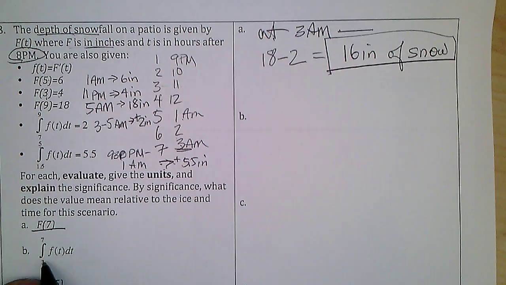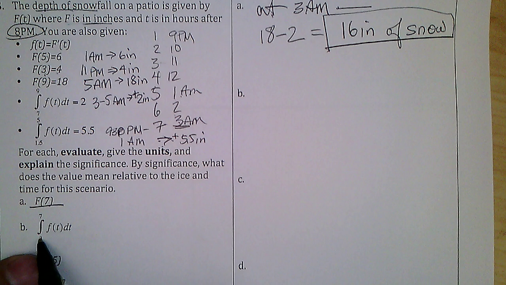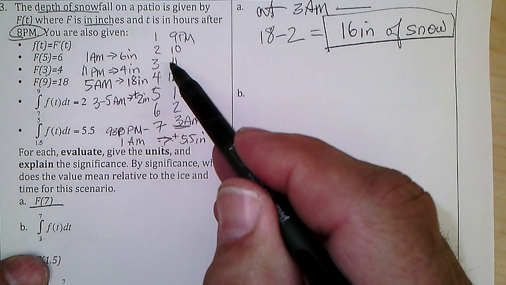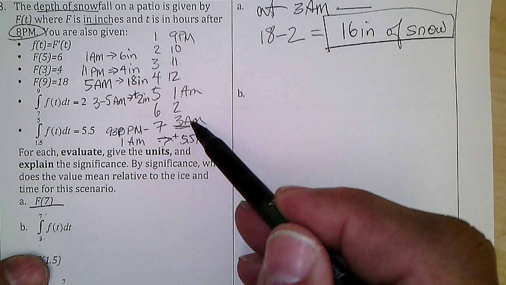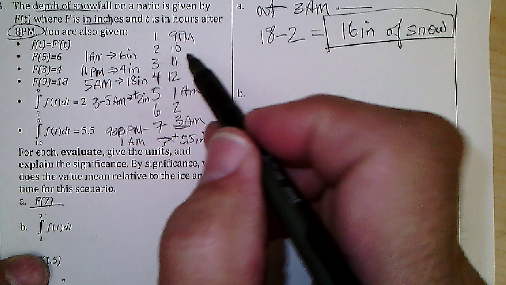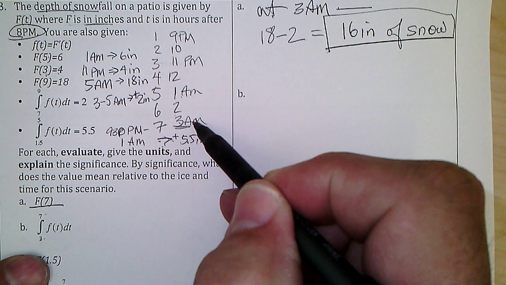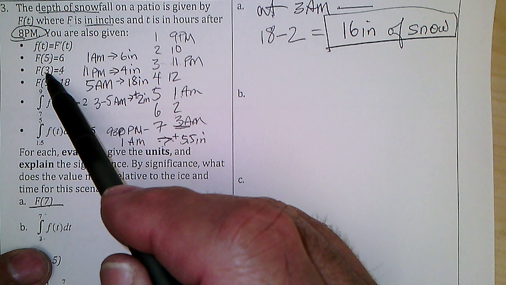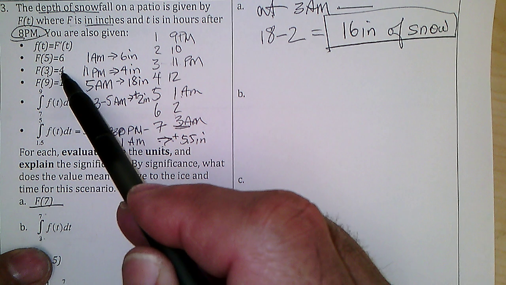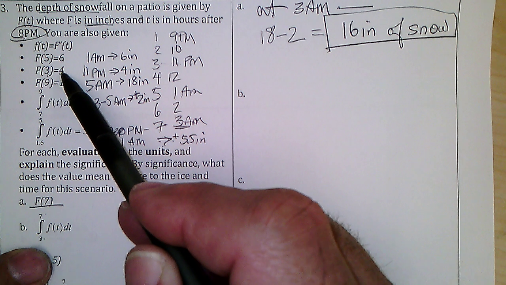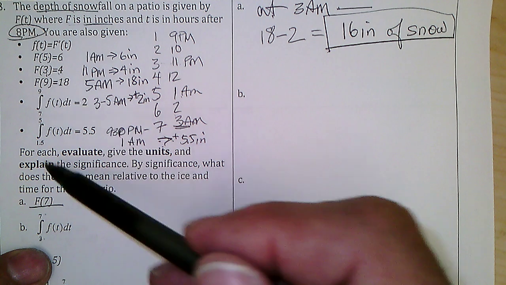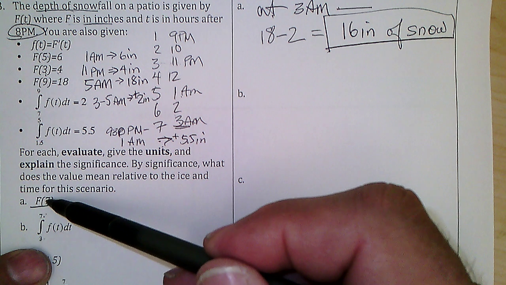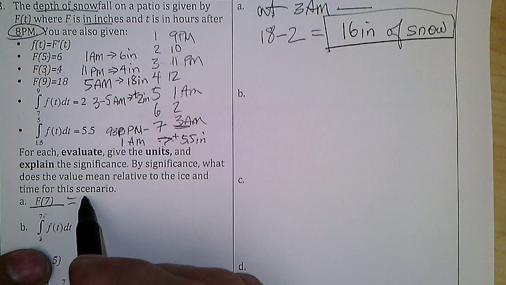B, how much did it go up between 11 p.m. and 3 a.m.? Well, at 11 p.m. there was 4 inches, and F of 7 was 16.